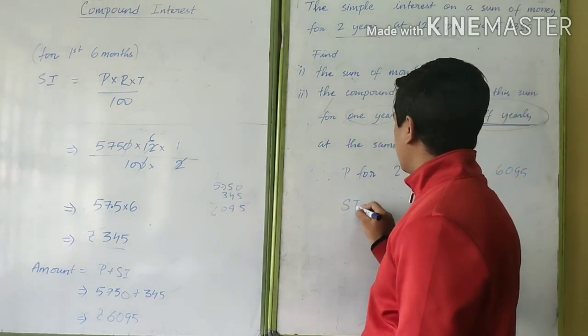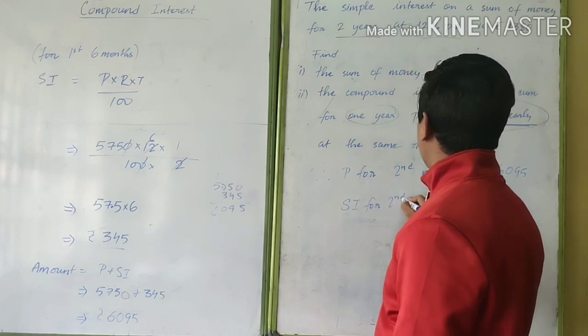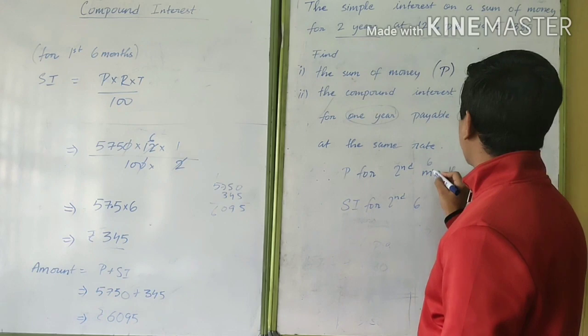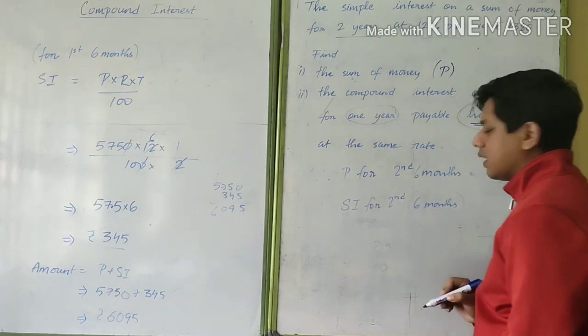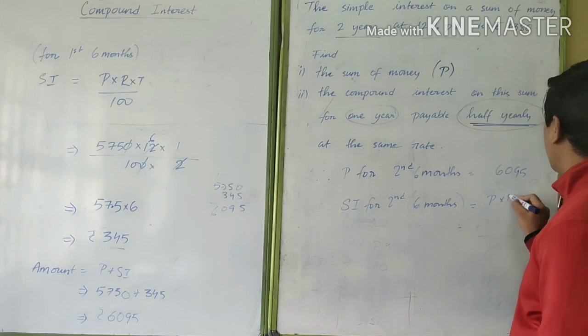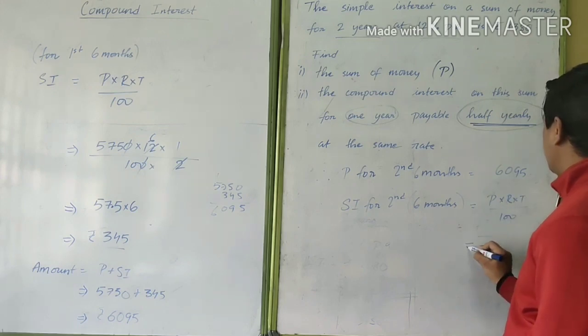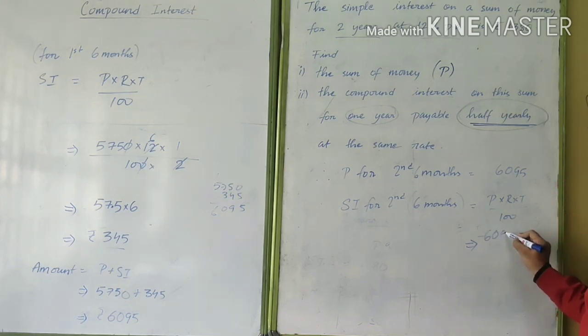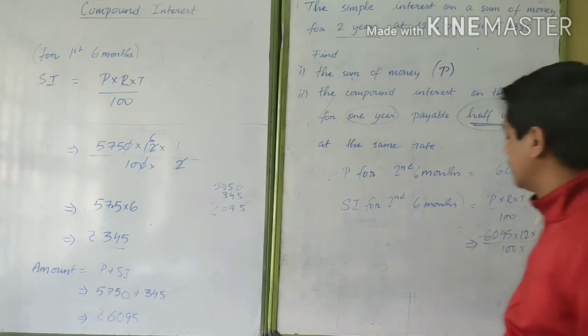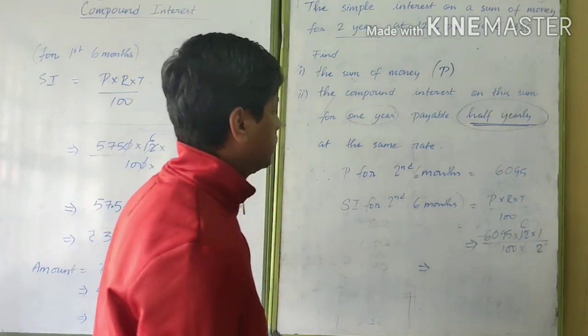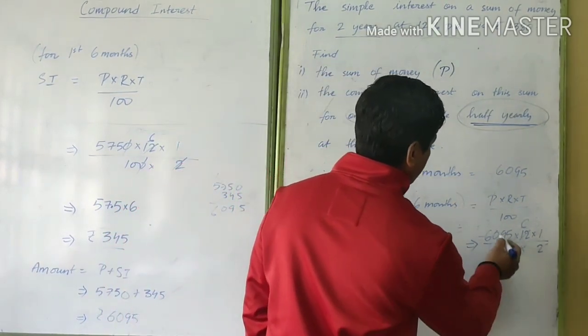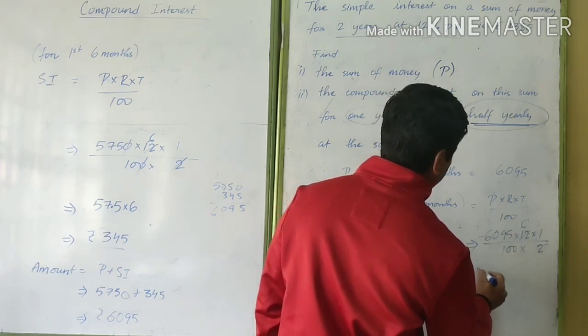Again we will use the formula of SI for the second 6 months, that is the second half of the year. Again the same formula, P into R into T by 100. This time my principal is 6095, my rate remains the same, 12%, and time will be half. So again 2 sixes are 12, and with 100 dividing, 2 decimal places, 60.95 into 6.